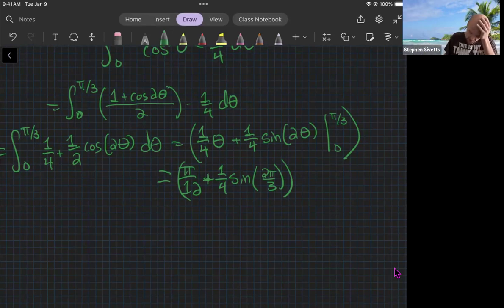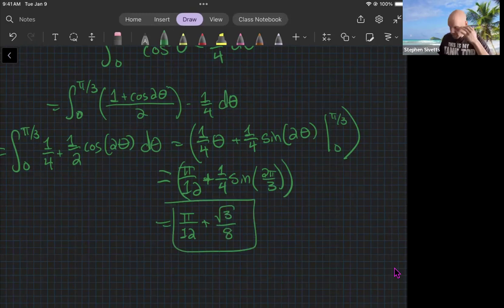So that equals pi over 12 plus root 3 over 8, and that's your answer. So hopefully that worked out for you.